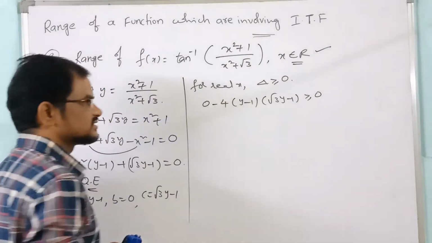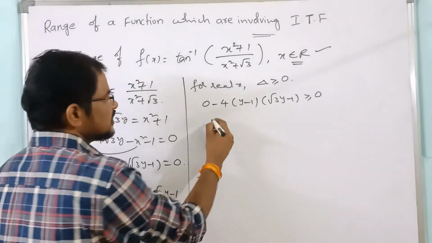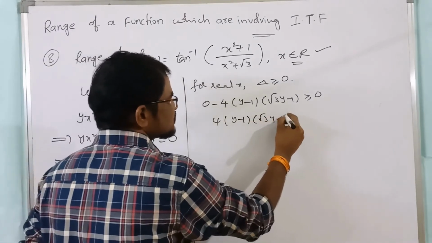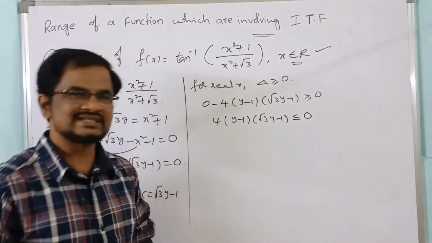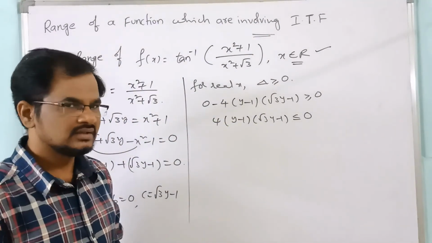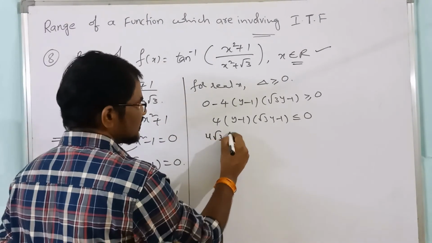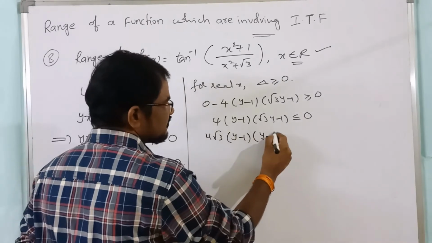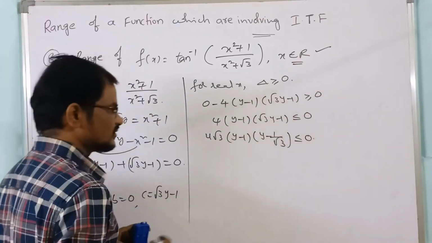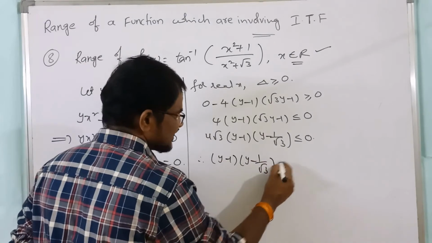Dividing by minus 4, greater than or equal to becomes less than or equal to. In this one root 3 common. So 4 root 3 into (y minus 1) into (y minus 1 by root 3) less than or equal to 0. 4 root 3 is not less than or equal to 0. So therefore (y minus 1)(y minus 1 by root 3) less than or equal to 0.